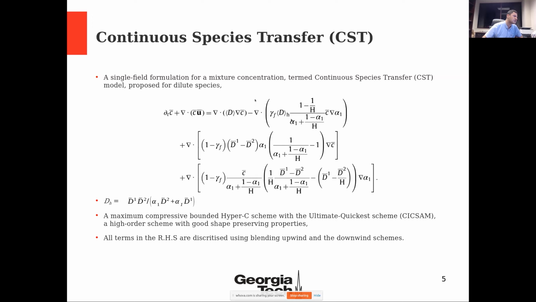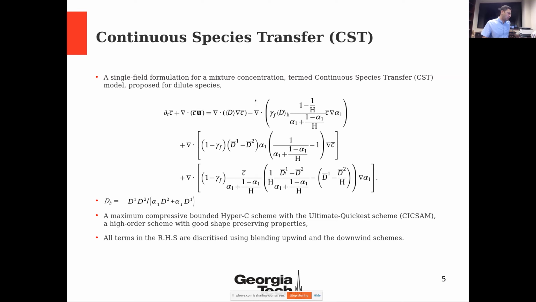The second term is normal to the interface. This gamma F should be defined, but that's not accurate. Keep normal to the surface, and these two terms are parallel to the surface. This is the formulation of harmonic diffusion from the interface.